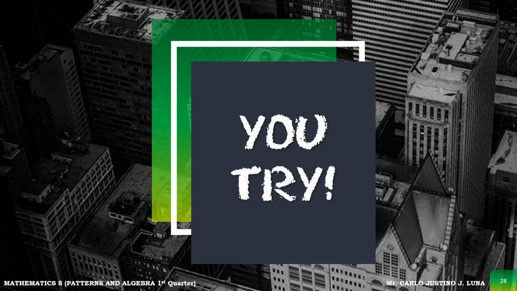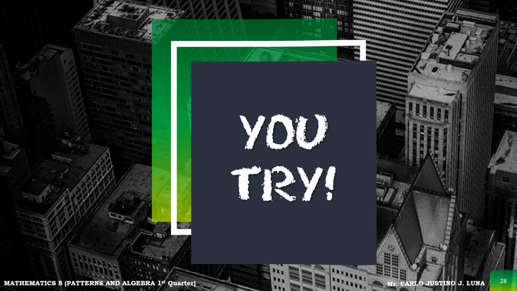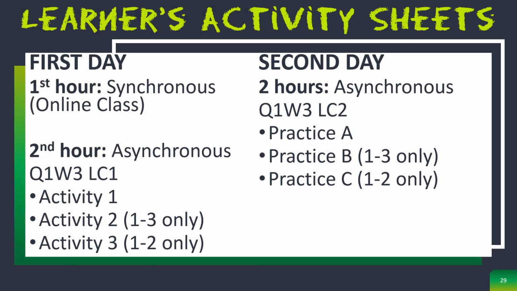Very good. So now it's time for you to try. Okay? Learning activity sheets. Okay? You will answer activity 1. This is for the LC1. You have 2 modules for the week, for the third week. Okay?